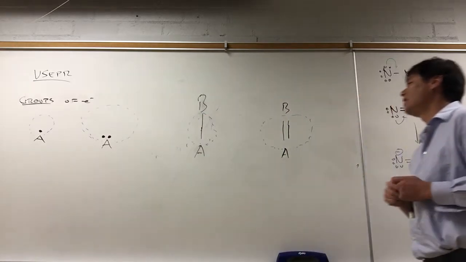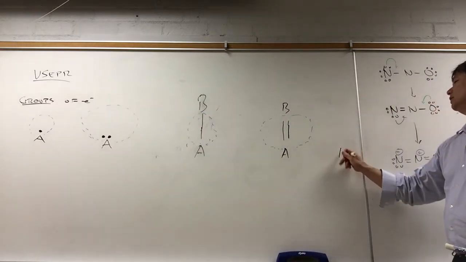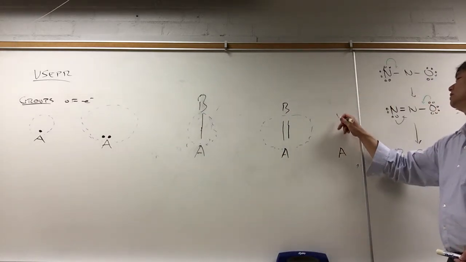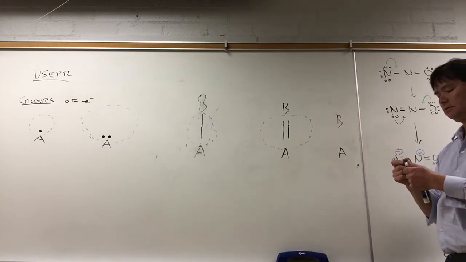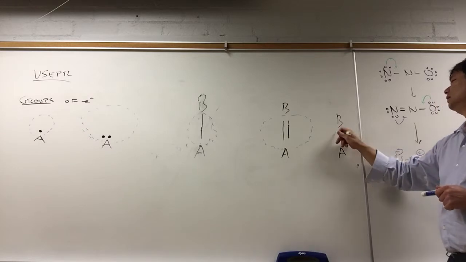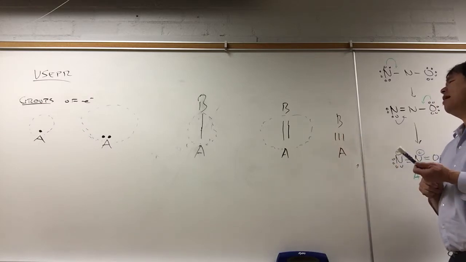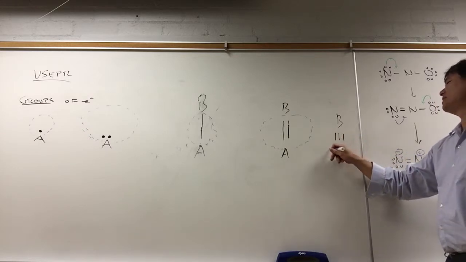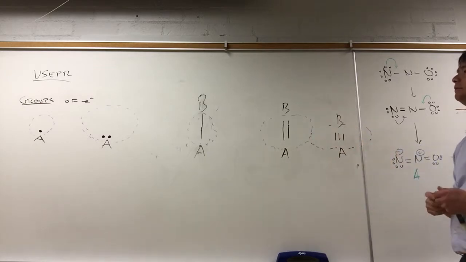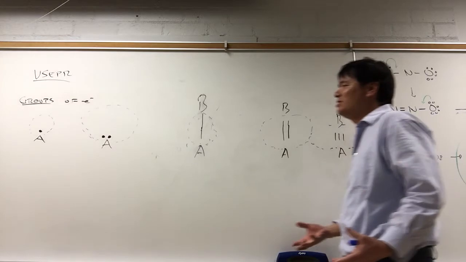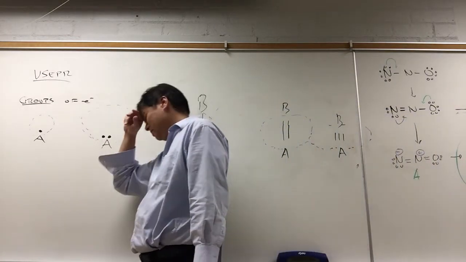Then we have a triple bond. Triple bonds are even shorter than double bonds, but they take up a lot of space, more space than a double bond. So when we have these groups of electrons, they take up a certain amount of space.